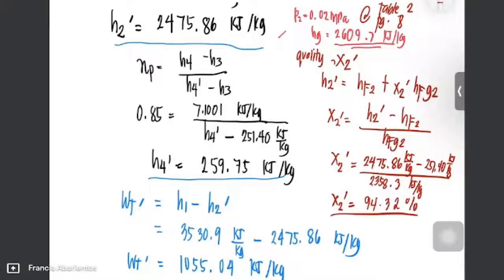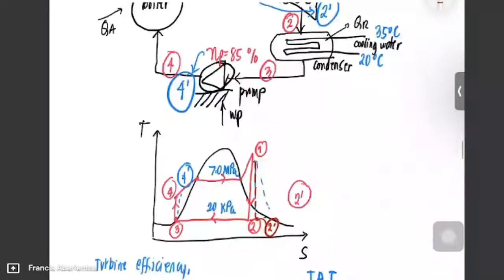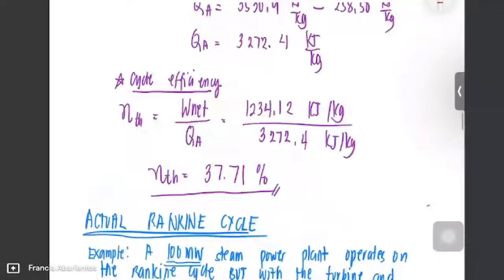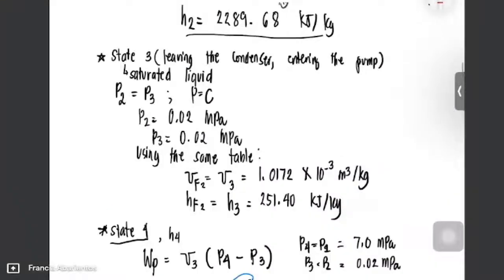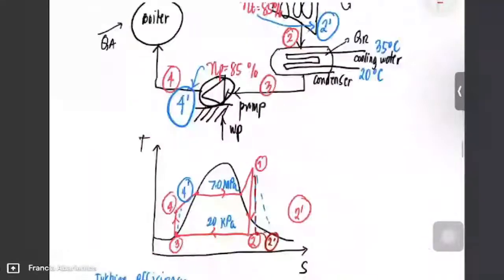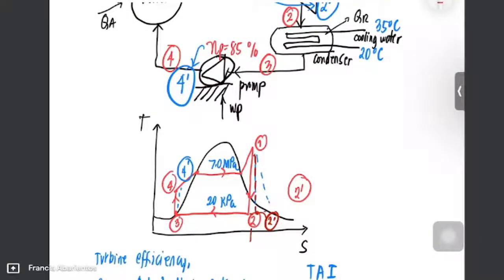So that is now your quality at point 2 at the actual Rankine cycle. Okay? So, yan, mas mataas siya. Di ba? Ano yung una natin na quality? Nakuha natin is 86. So, from 86, dito yung 2 natin, 86.43 naging 94.32%. So, that is now your actual quality at point 2. Okay?